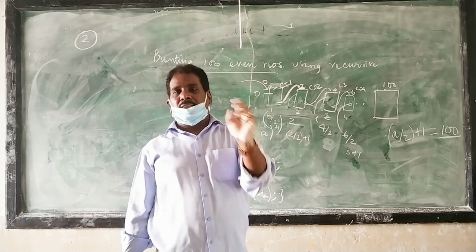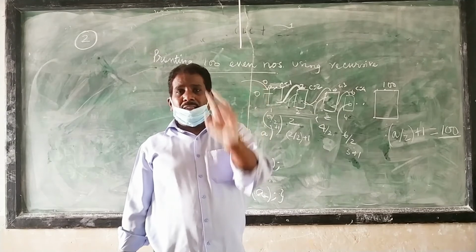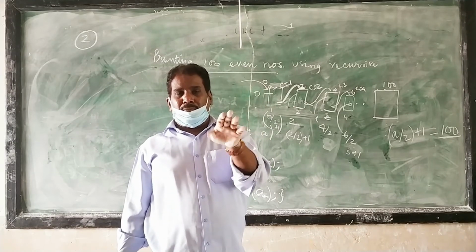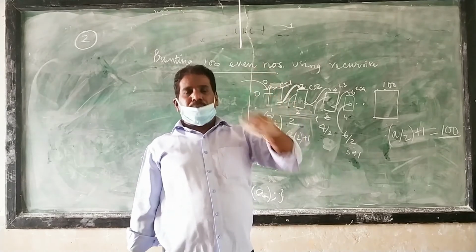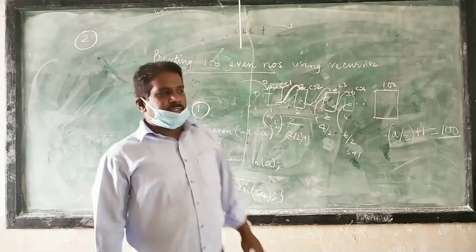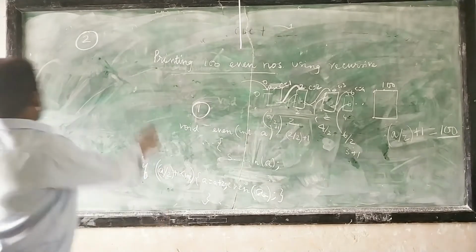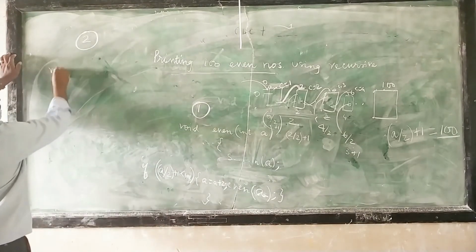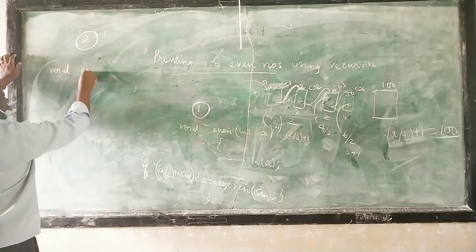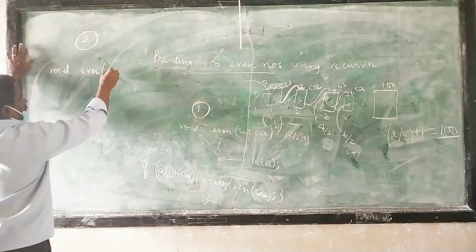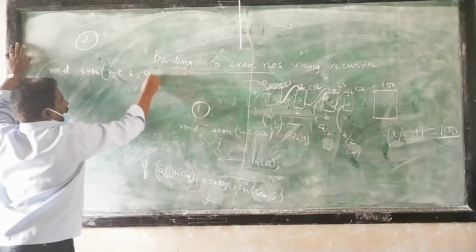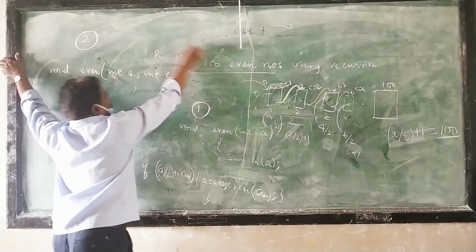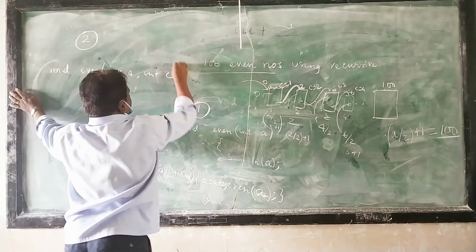Whether it is the first even number, second even number or third even number, we will do the counting along with the even number. That's what we are going to do. How? Void even, integer a comma integer c.